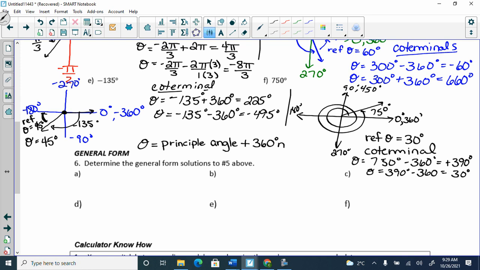Now, what if we want to go in subtraction? We're going to have to multiply this by what? -1 and -2 and -3 and -4 and -5 and -6, right? And if I make this be a 0, what do I get? Just the principal angle, right? So if I use 0, positive 1, 2, 3, 4, 5, 6 to infinity, and -1, -2, -3, -4, -5, -6 to negative infinity, I'll actually get every single angle that would terminate on that arm, correct?